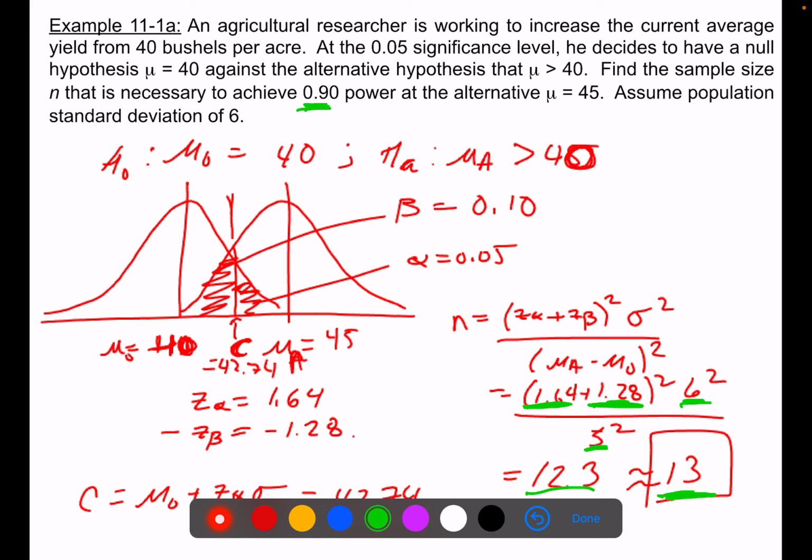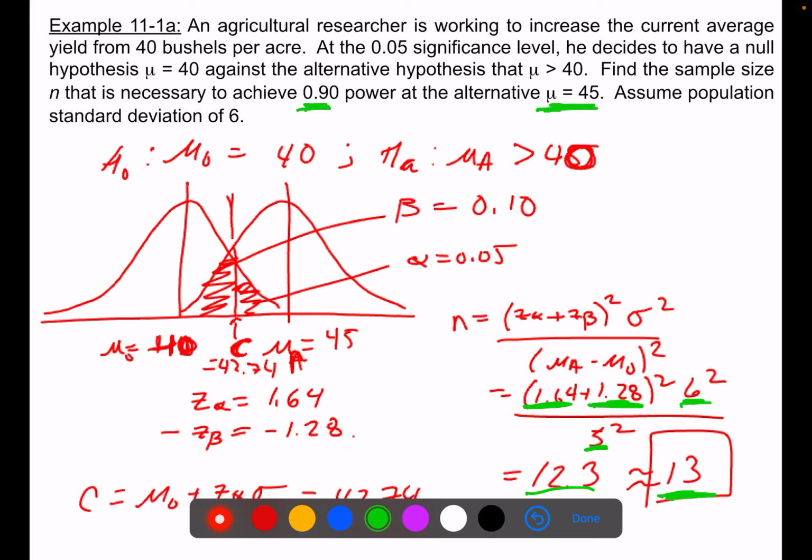The reason for that is that there's a large difference between 45 and 40. That's the reason, right? Actually, we can simply compute that. So instead of 45, if the alternative hypothesis was, for example, mu is more than 41, then everything would be the same except that this 5 would be 1, right?